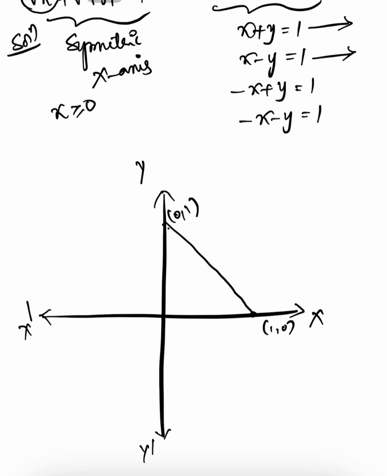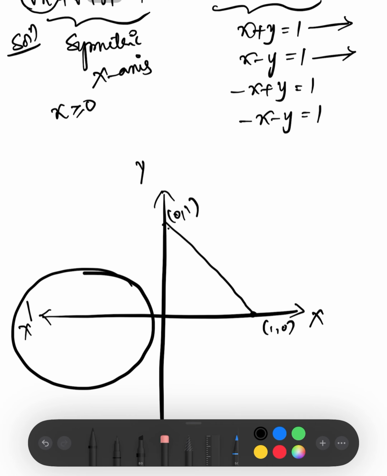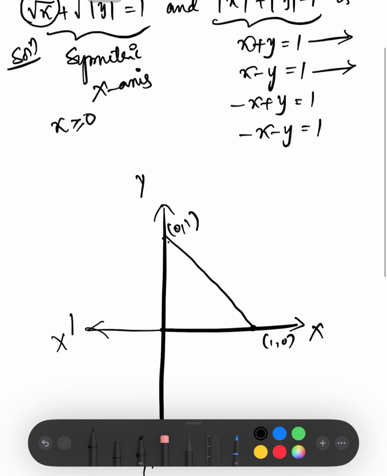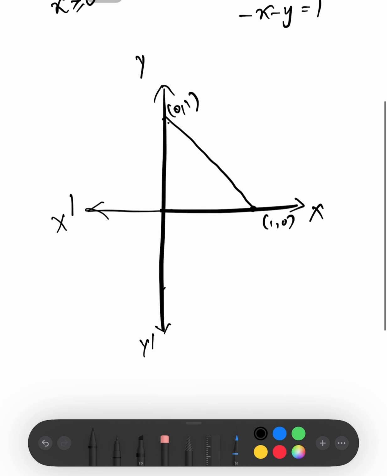There will be no use with this quadrant, so I just eliminate this. Next, the second equation we have here is x minus y equals to 1. If you draw this, it will be like this. Now this point will be 0 comma minus 1.